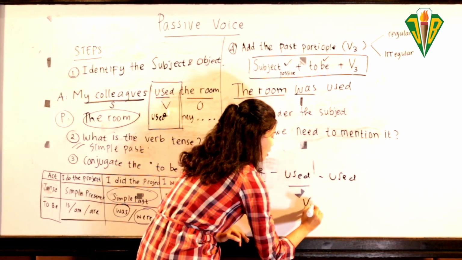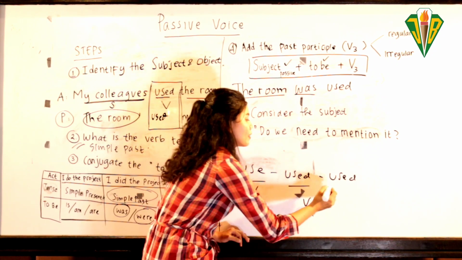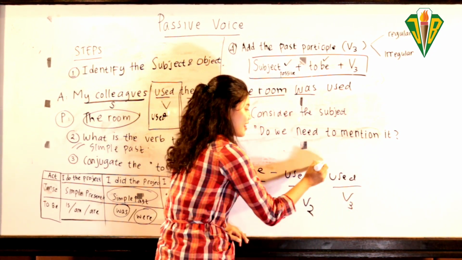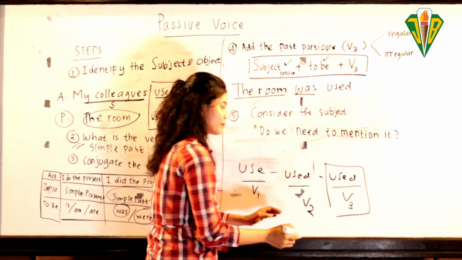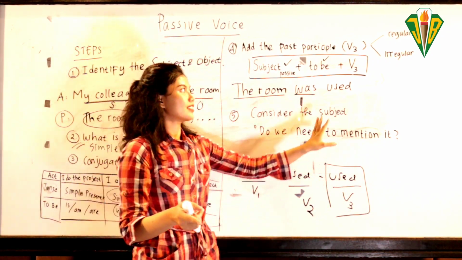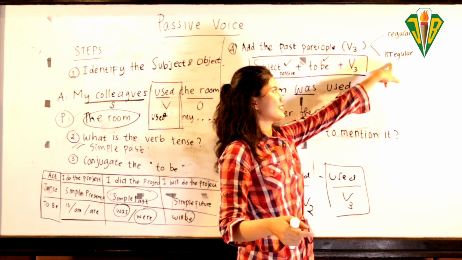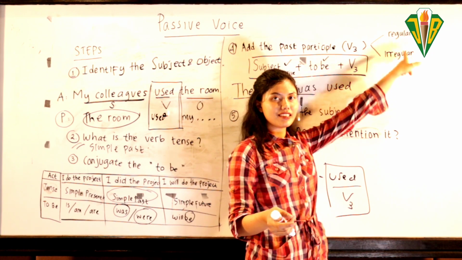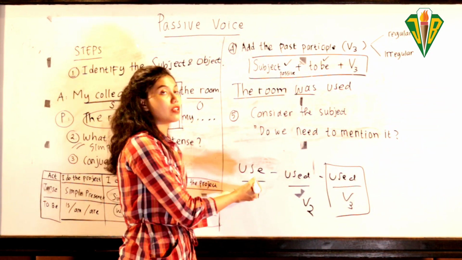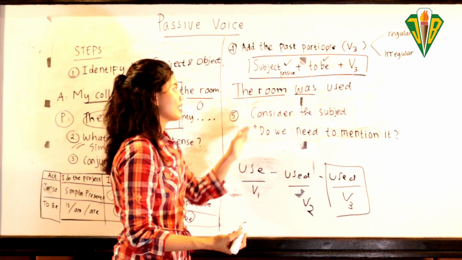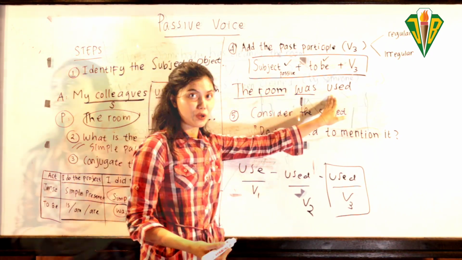At passive, what we need to use is this part, the third type. 1, 2, 3. We use the third type. I already give you the irregular, so you also have to remember that. And the regular one is like this one. We just add the ed ending. So we have the room was used.